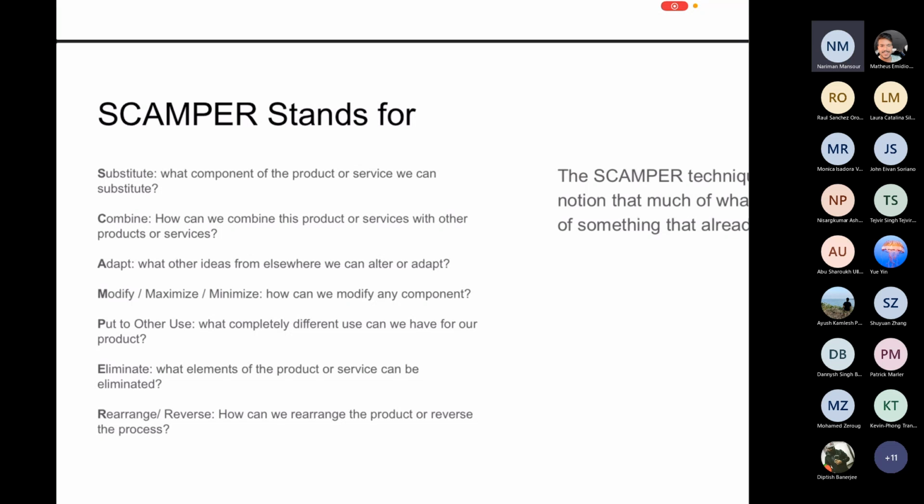What other ideas from elsewhere can we alter or adapt? Maybe using the toothbrush in a different environment. Let's say if I go scuba diving and I want to brush, it's possible, but I'm going into the sea. Like what we were saying before, winter and summer, something like a toothbrush adapted to do something elsewhere.